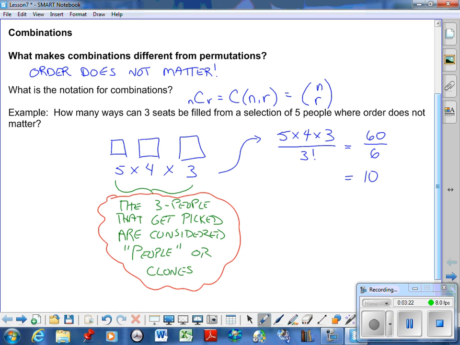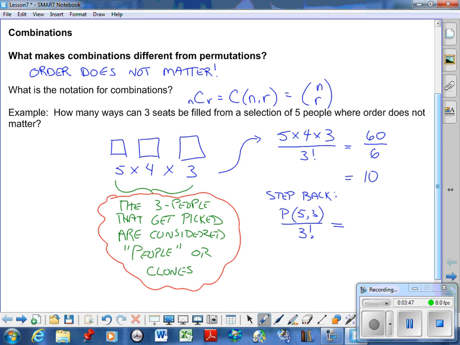Now, if we take a step back, I'm just showing you where it all ties together. The top was a permutation, so we did the permutation of 5, picking 3. And then we divided by the number of clones, which is always the amount you're going to pick, so it's 3 factorial.